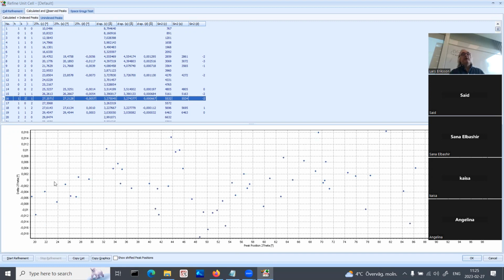This is what I would say a diffraction pattern without any systematic errors. Not so large, at least, because there is no tendency of sloping upwards or downwards. There are random variations, yes, but no systematic tendency that is easily seen. So good hope.